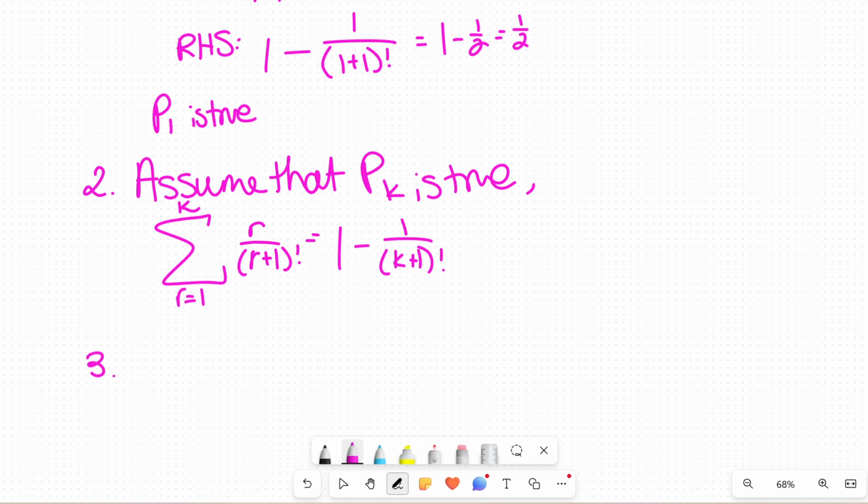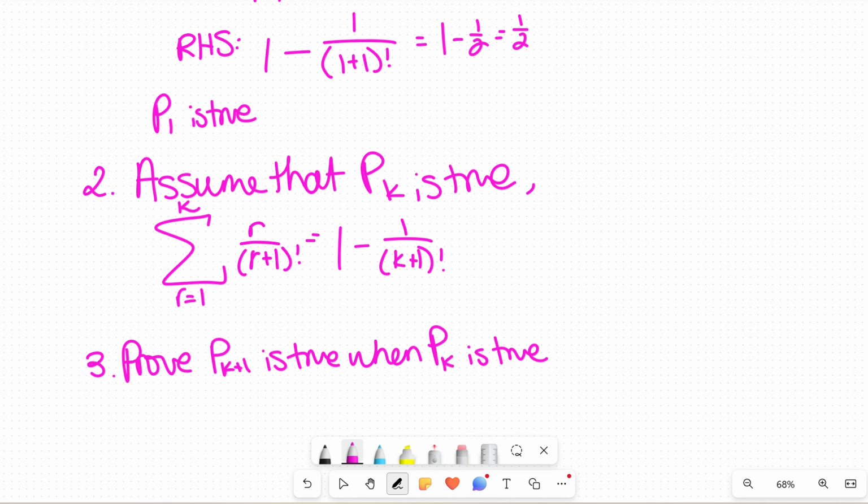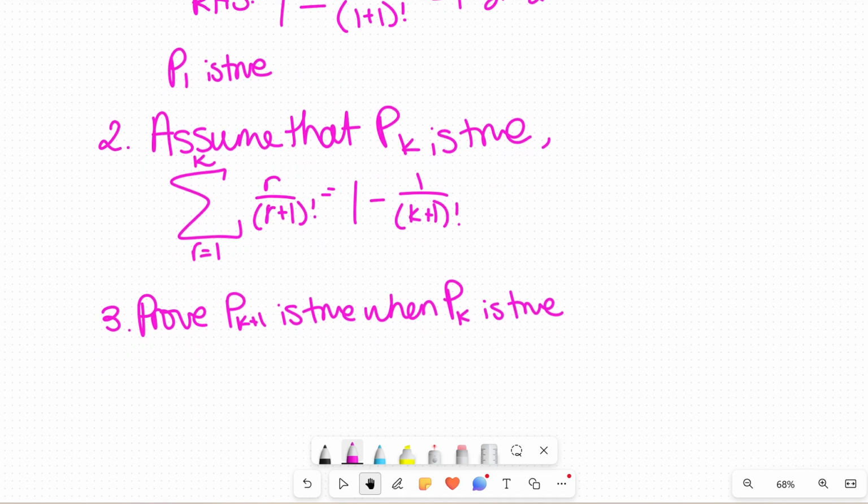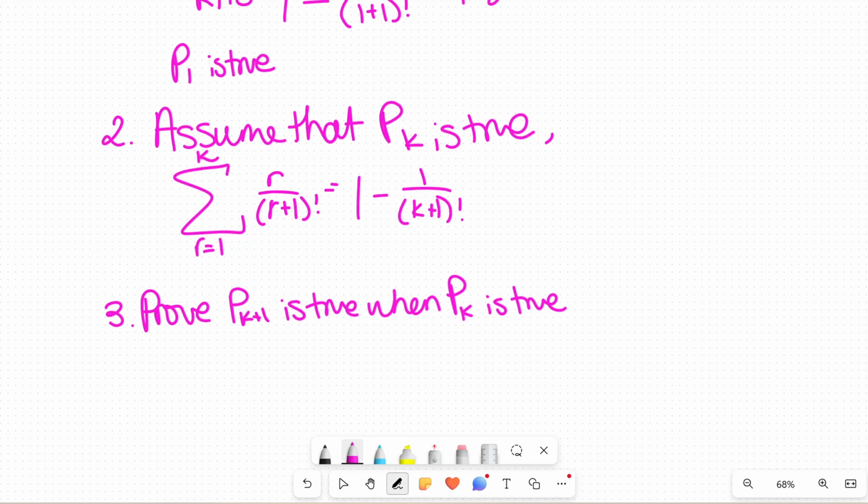Now for step 3, I need to prove P of k plus 1 is true when P of k is true. You may not need to write this step down. I'm just writing this just so we know where we are going. Now again, the left-hand side of my equation is my summation, that allows me to list out all of my terms and add them together.